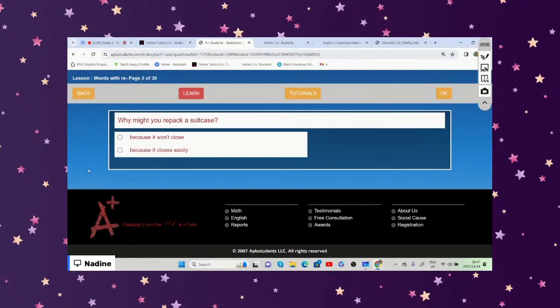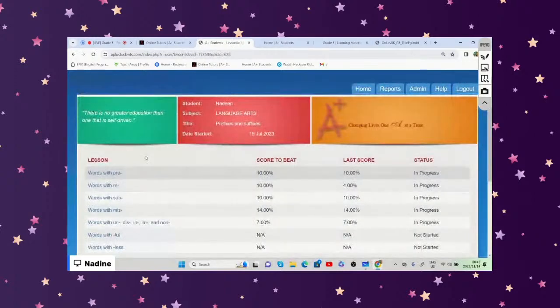Repack because it won't close, or because it closes easily? All right, so we're going to say because it won't close easily.